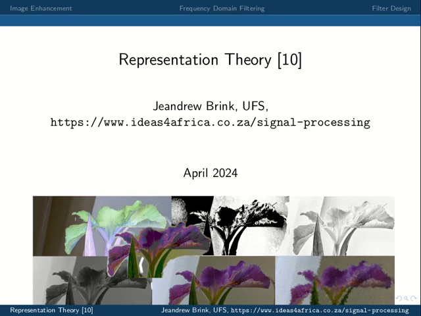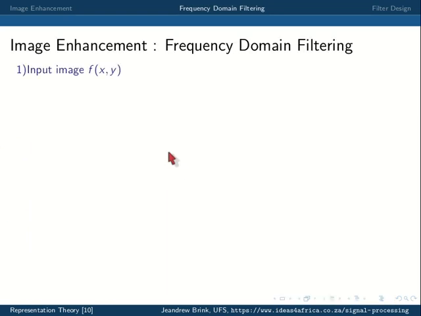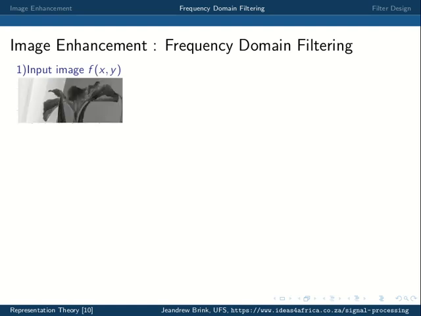The basic feature that all these techniques have is that you have an input image, f of x and y, and let's just have it be our image of the iris. We're just going to look at grayscales today.